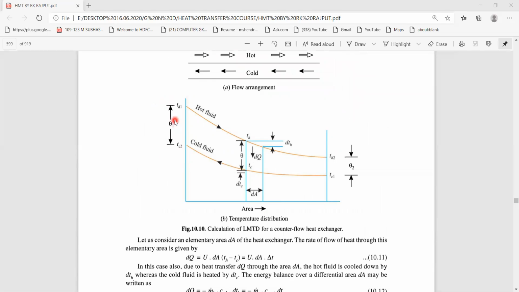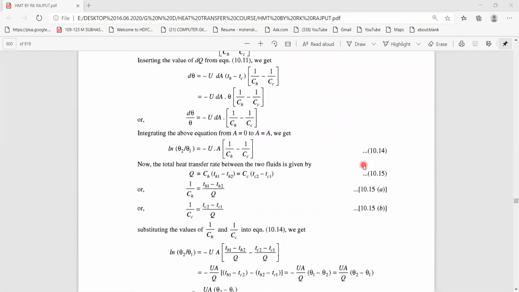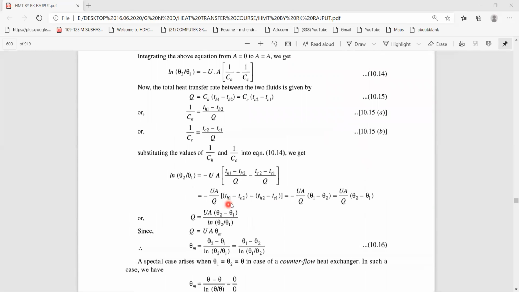We have to arrange the equation such that we get theta 1 and theta 2 in the final equation. So Th1 minus Tc2 minus (Th2 minus Tc1), because we have taken the minus sign outside the bracket. I hope this is clear.